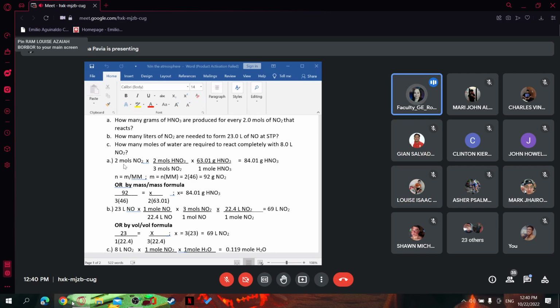Okay. So, dimensional analysis, you have to base on the balanced equation again. So, start with the given, which is 23 liters. So, you will get 69 liters of NO2. Now, by formula of volume, mass of NO over coefficient 1 times mgv, x is to 3 also, times mgv, you get the same. 69 liters then. Okay?